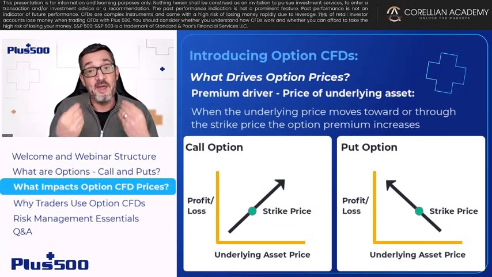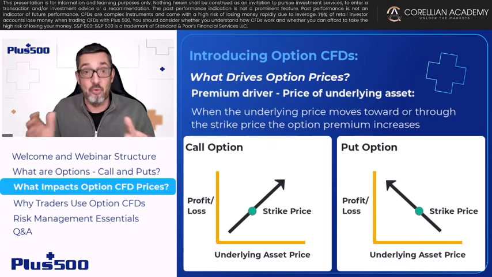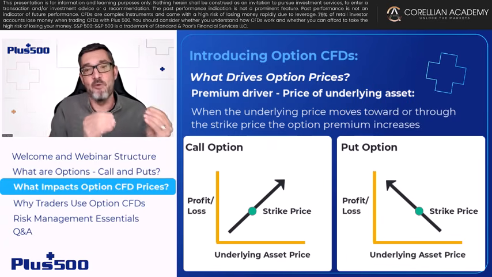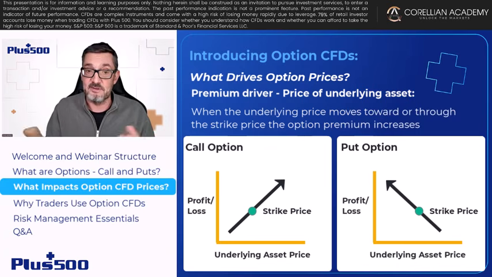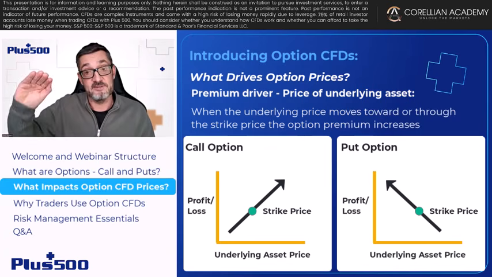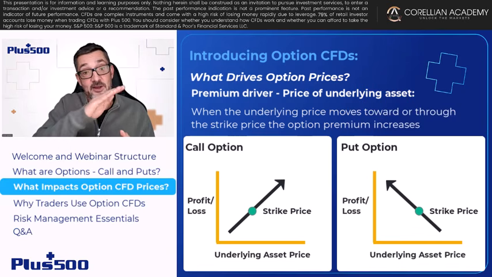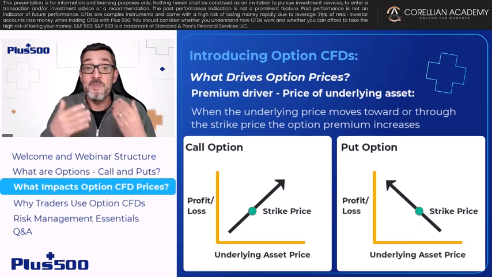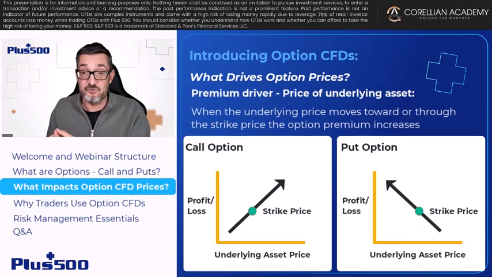As a rule, when the underlying price moves towards or through the strike price, the option generally becomes more valuable and the premium increases. So a call option usually gains value as the market rises, while a put option gains value as the market falls. When the underlying price moves away from the strike price, the option usually loses value and the premium falls.